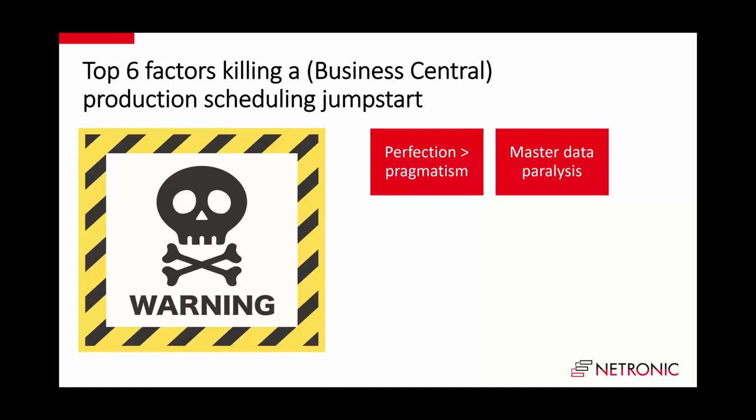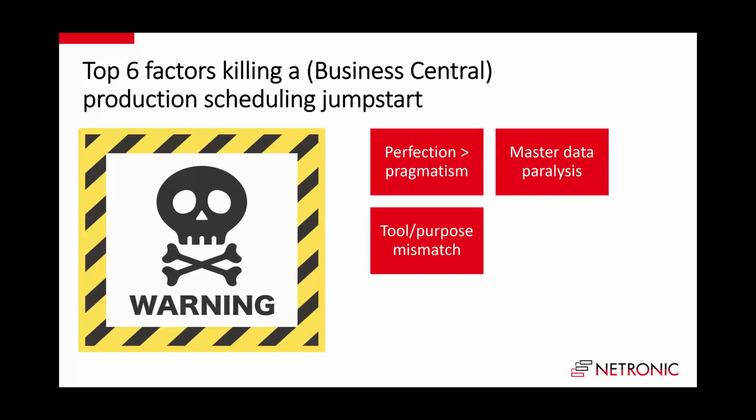And for all those activities circling around your master data, you will never jumpstart production scheduling, because there is just another master data to take care of or to be concerned about.